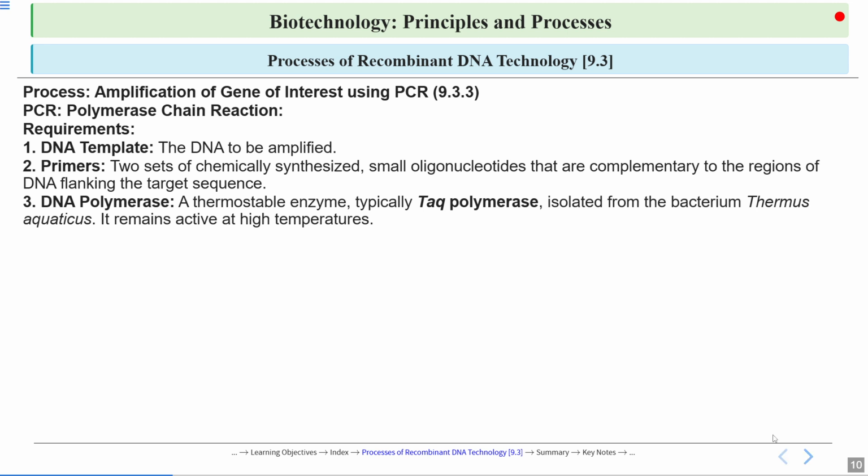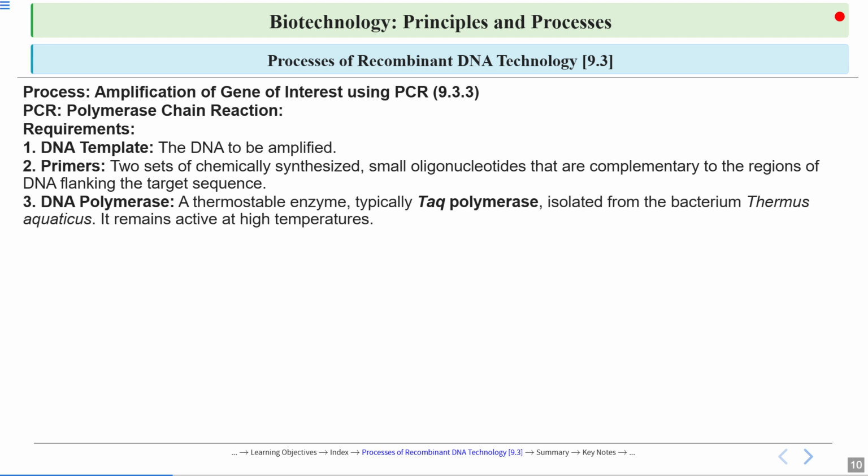So first we need the DNA template, the DNA that needs to be amplified. Second, the primers, the set of small oligonucleotides that are complementary to the region of the DNA that we need to amplify. And third, DNA polymerase. So what is a DNA polymerase in general? It is an enzyme that synthesizes DNA molecules by adding nucleotides to a growing DNA strand.